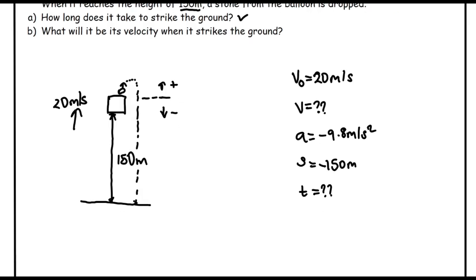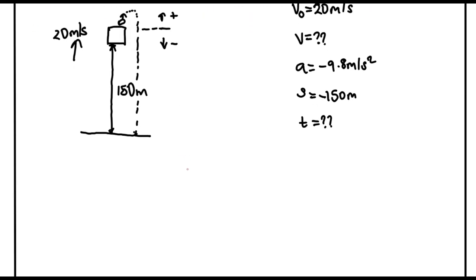Based on all these equations, this equation would be the best. Because we have displacement, we have initial velocity, and we have acceleration. The only variable that's missing is time. So let's go ahead and plug the information we have.